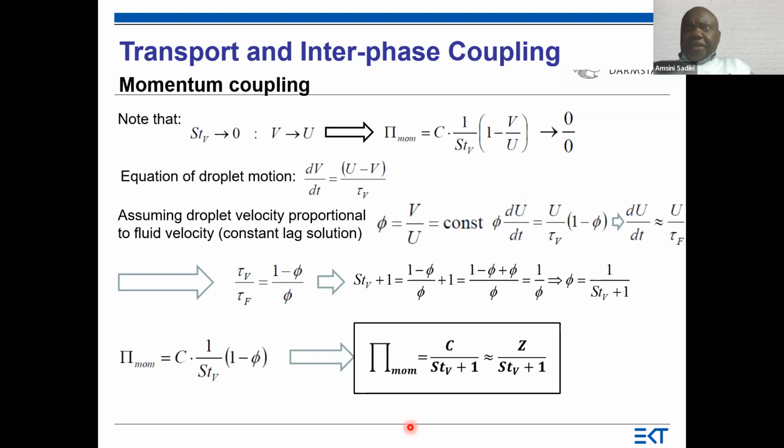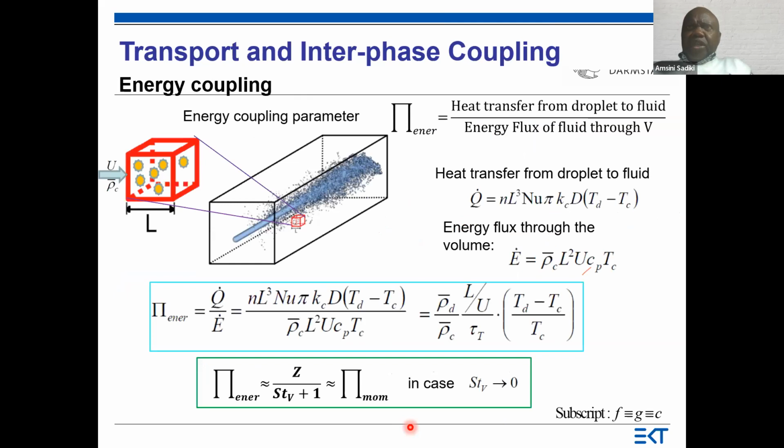Let's see now what happens if we deal with the energy coupling. The definition is similar: the heat transfer from droplet to fluid divided by the energy flux of the fluid through the volume.